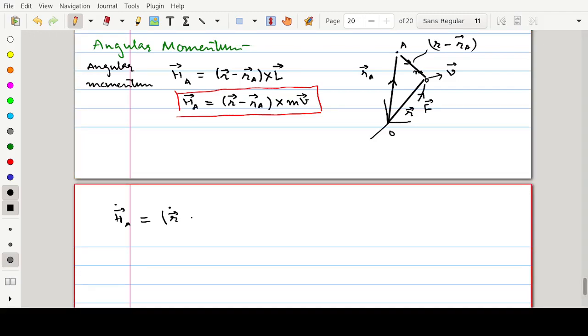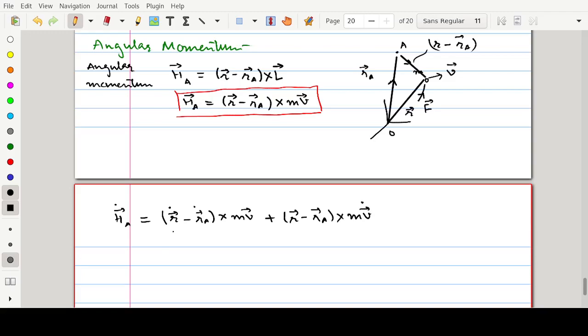First I will differentiate r minus ra while keeping mv fixed, plus then I'll keep r minus ra fixed and take the time derivative of mv.